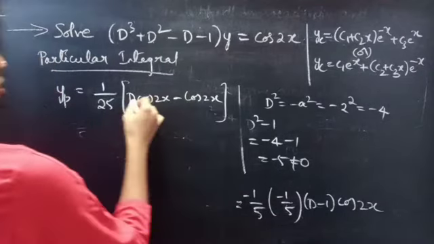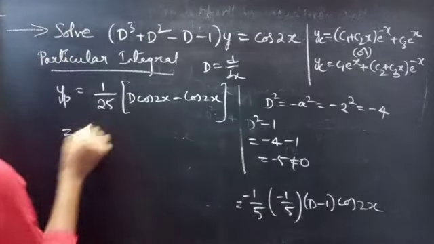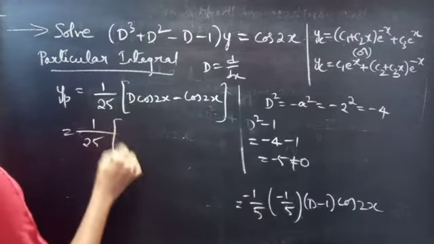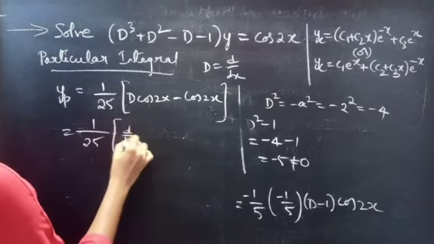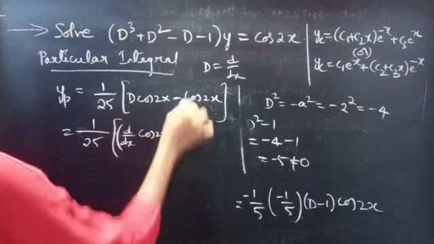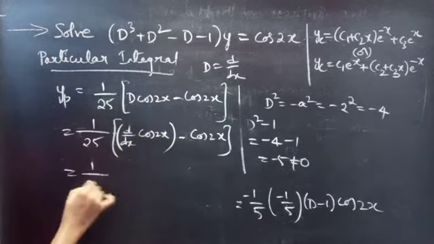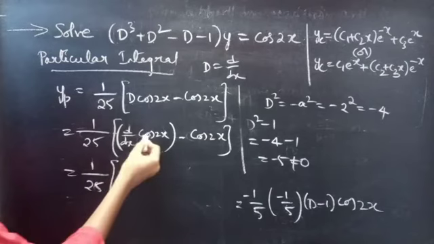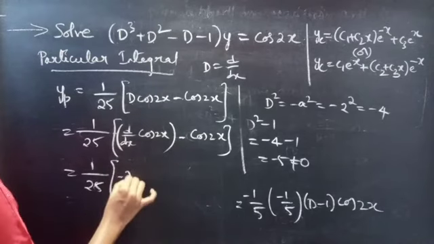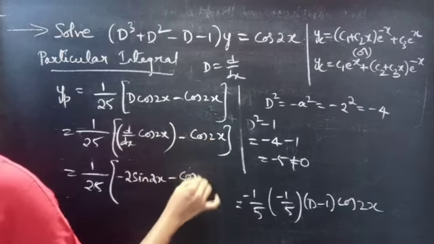We know that D is a differential operator, since D equals d by dx. Then we need to find the derivative of cos 2x, minus cos 2x, which equals 1 by 25 into, the derivative of cos 2x is minus 2 sin 2x, minus cos 2x.